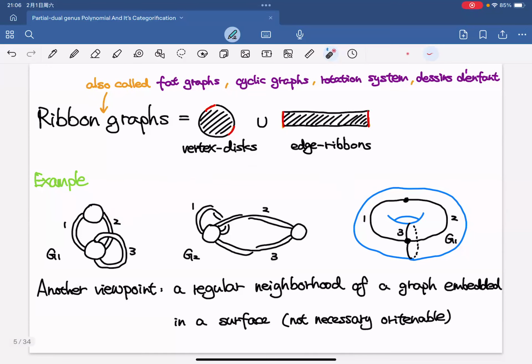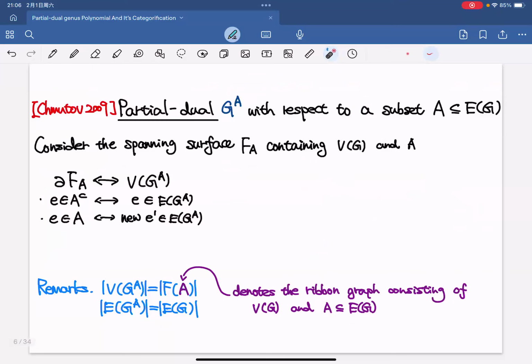I think in about 2009, Chmutov first introduced the notion of partial dual.